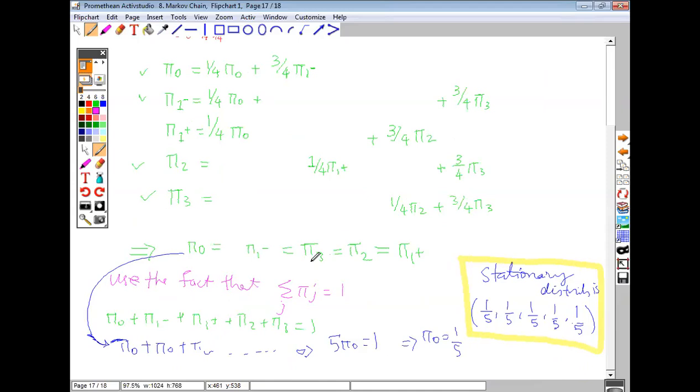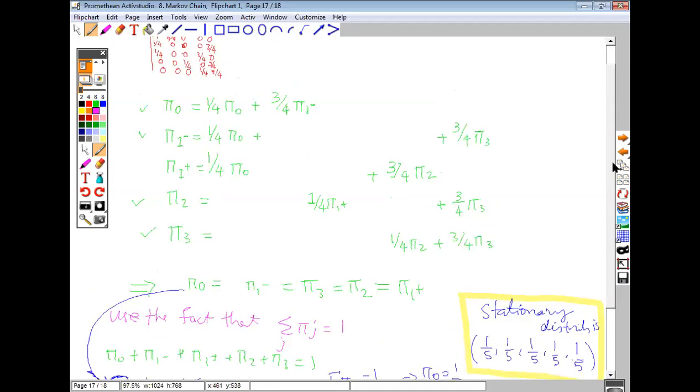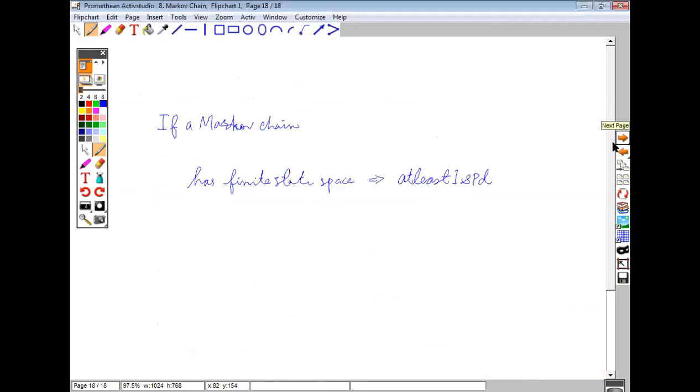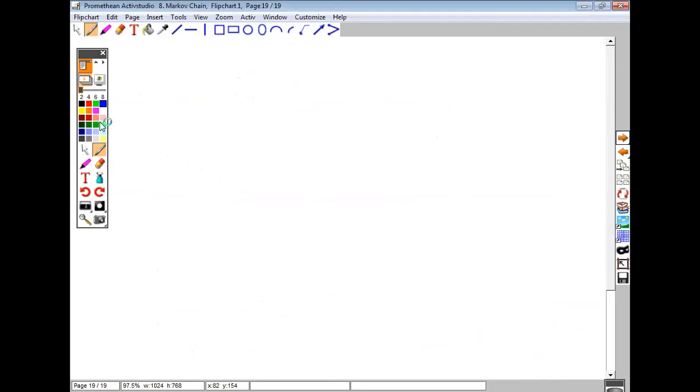I think it's kind of fascinating. I am not going to write numbers, but let me just draw a particular chain that will show you how there can be two stationary distributions.